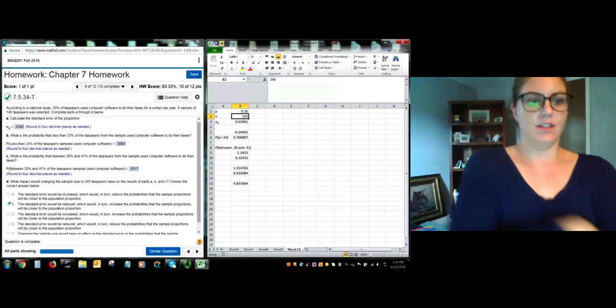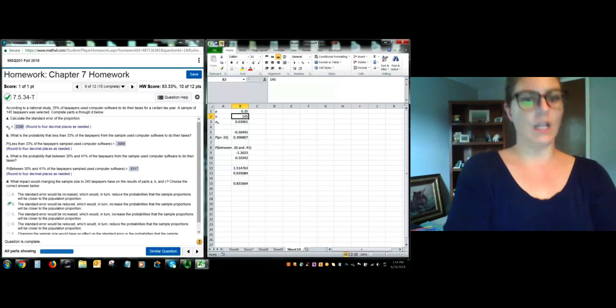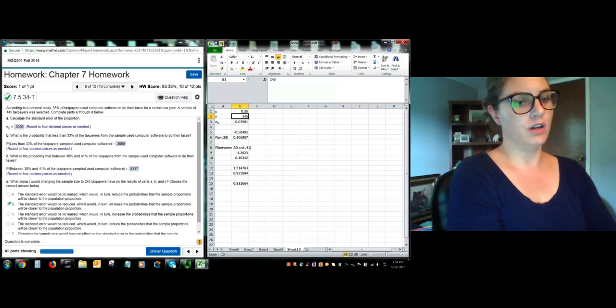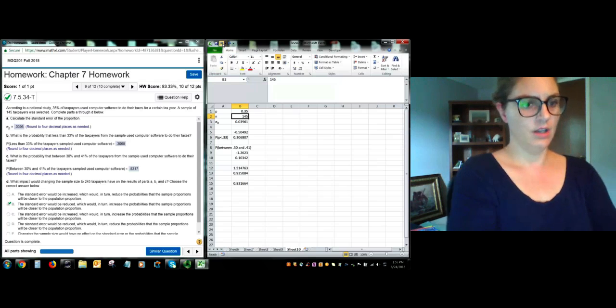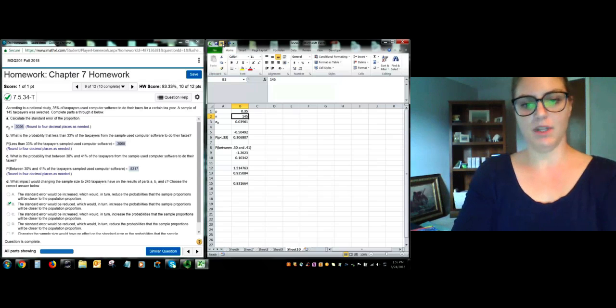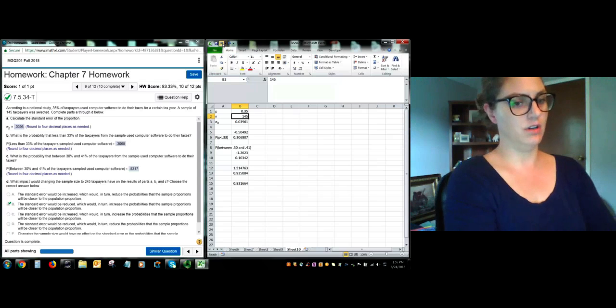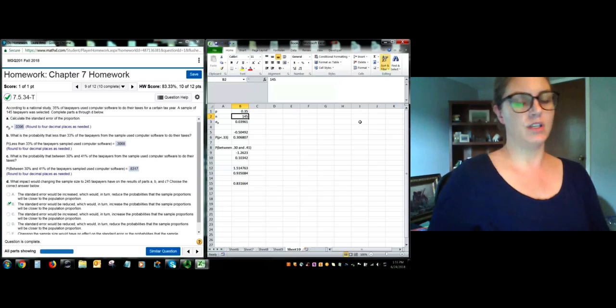So it reduces the standard error, and that allows the sample proportions to be closer to the population proportion. The probability that the sample proportions will be closer to the population proportion is a result of the standard error being reduced, and the reason driving that is the increase in the sample size.